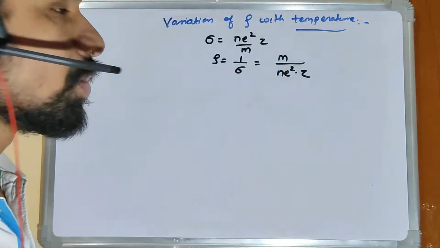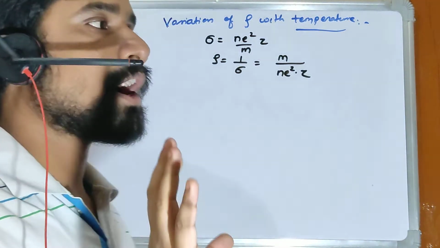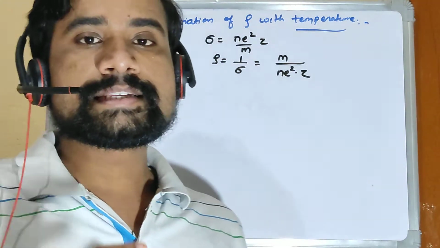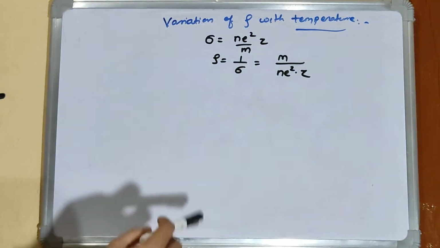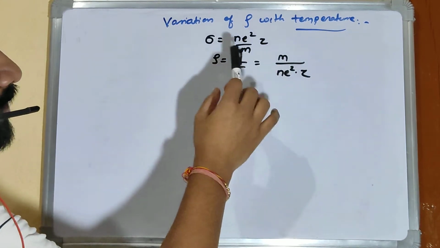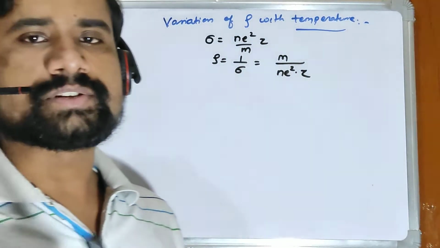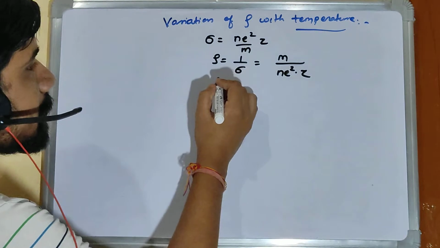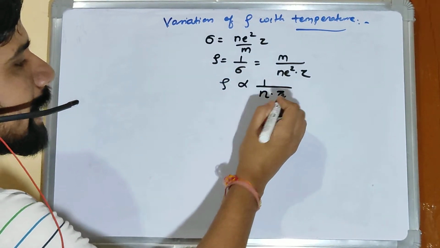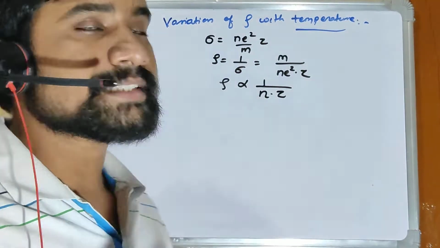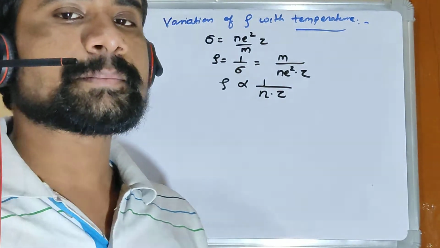Now, let's discuss how this resistivity depends on temperature, then we will derive an expression. Resistivity depends on the mass, the charge of the electron, n, and tau. Mass and charge are constant, so resistivity will depend on n and tau. n is the number density, and tau is the relaxation time.